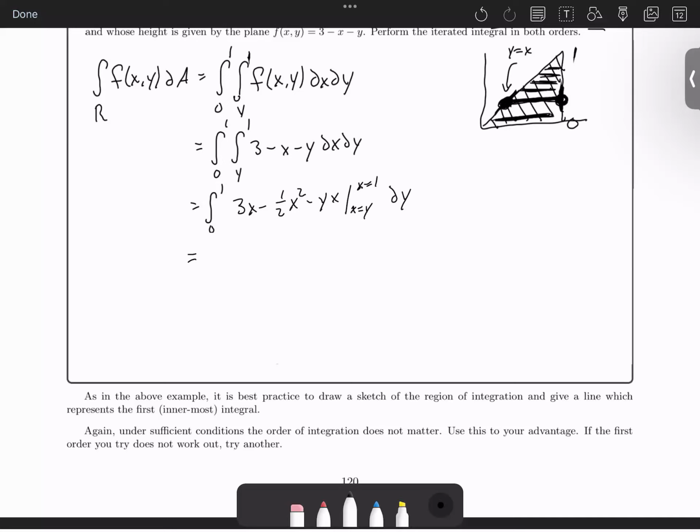All right, now when we do this integration, the first integral, we're going to get a 3 minus a 1/2 minus a y minus 3y plus y squared over 2 plus a y squared.